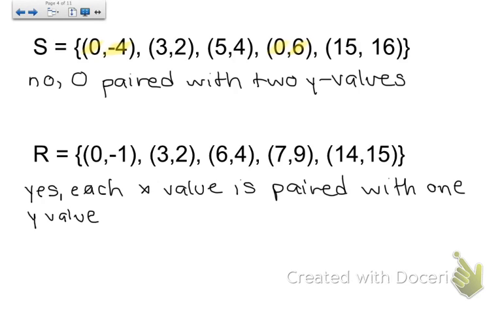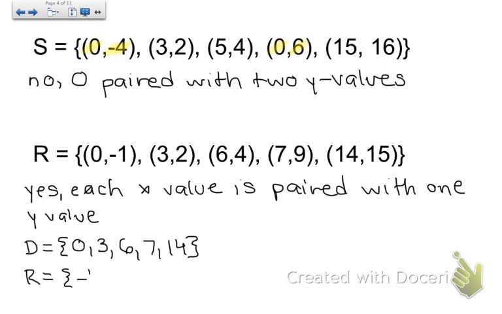Okay. So since this one is a function, let's go ahead and list its domain and range. Okay. So domain is 0, 3, 6, 7, and 14. And my range is -1, 2, 4, 9, and 15.